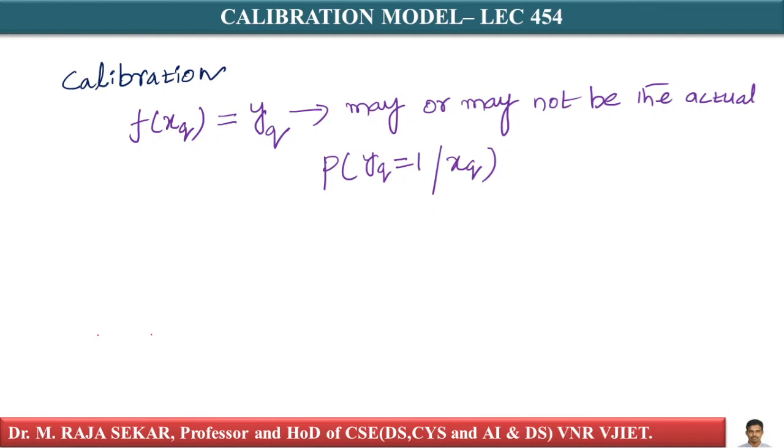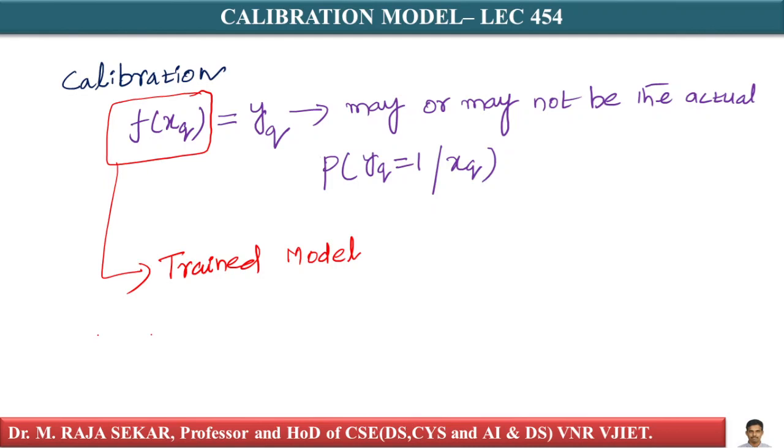Given this trained model, give me a method through which I can compute the probability of yq equal to 1 given xq. Similarly, I can also calculate the other probability, since it is a binary setting.